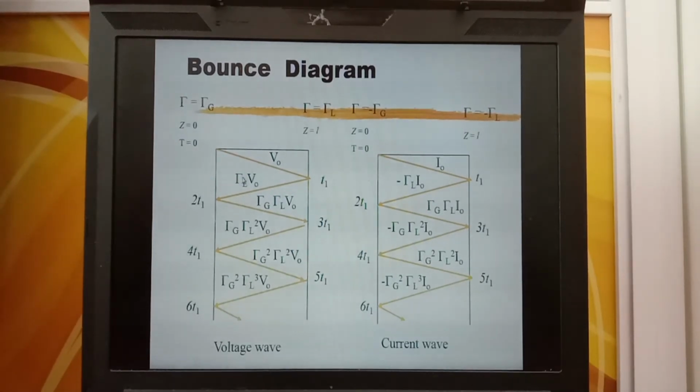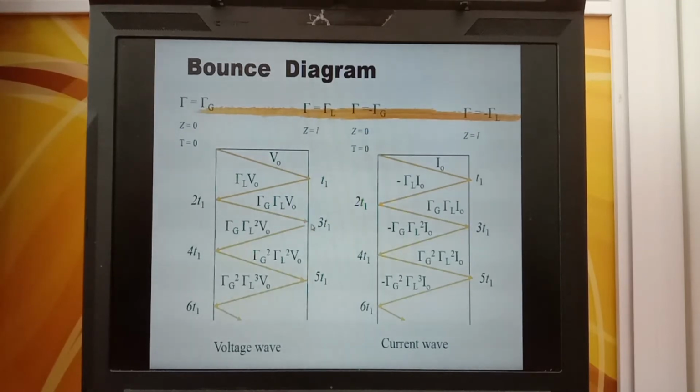The reflected wave rho L V0 then travels back to the generator and reaches the source end at time 2t1. This wave is then reflected back. The magnitude or voltage of the reflected wave is given by rho L V0 multiplied with the reflection coefficient at the generator. Again, this wave will travel to the load and reach the termination at time 3t1.